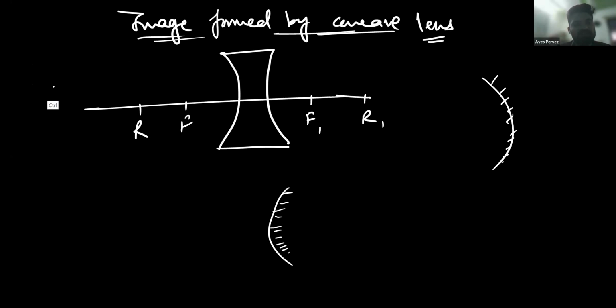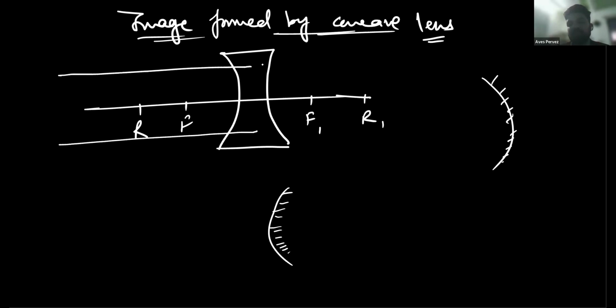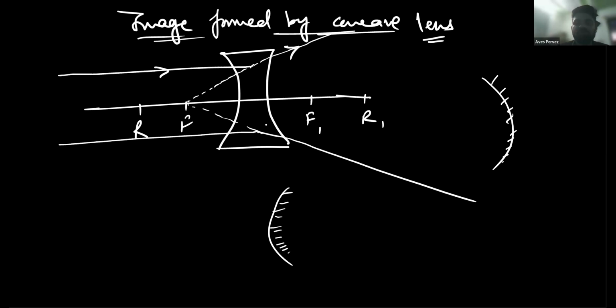If the object is placed at infinity, somewhere very far away, then parallel rays will come, and since it is a diverging lens, it will bend like this, and they appear to meet at the focus.